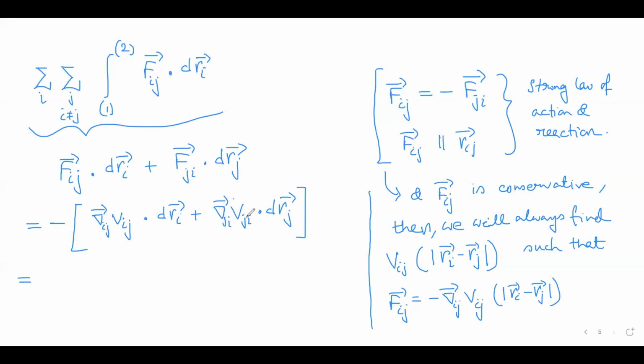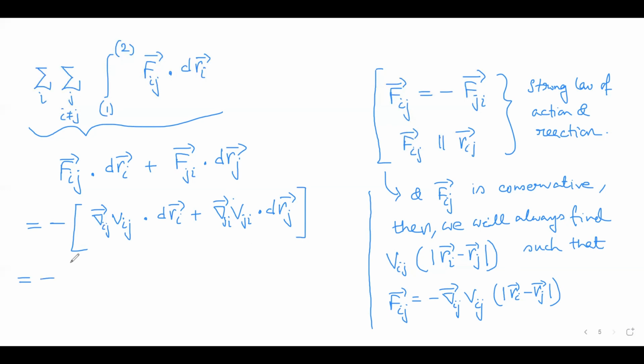But Vij depends only on the magnitude of the distance, as we are taking the modulus, so interchanging i and j has no effect on it. So there will be a minus sign due to the gradient operator if we exchange i and j.